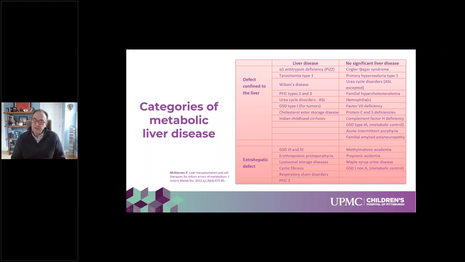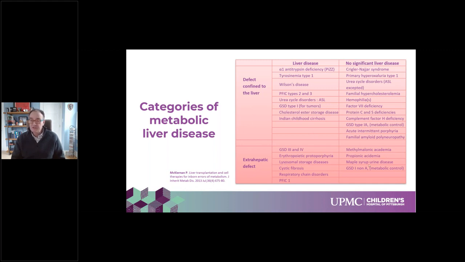And there are other patients that have defects that are confined to the liver, but they don't actually cause any scarring or structural alteration to the liver. These can include defects of bilirubin metabolism, like Crigler-Najjar syndrome, defects that affect oxalate metabolism and cause ultimately injury to other tissues, hemophilias and a variety of other conditions.